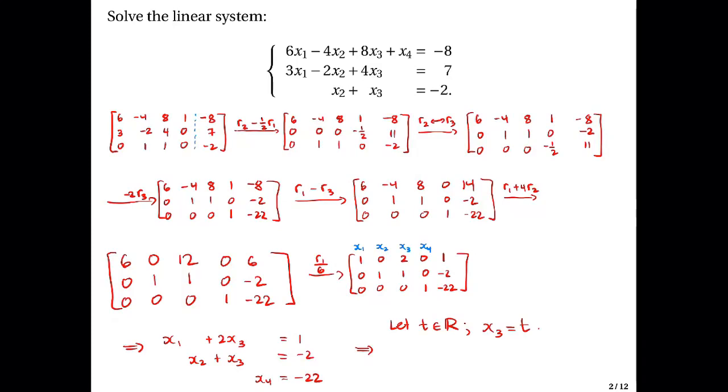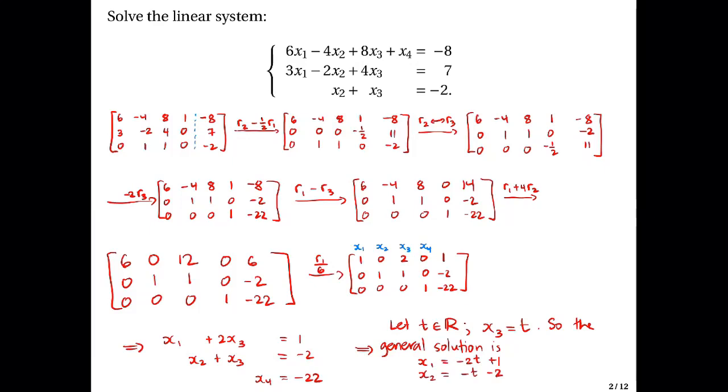So the general solution is we will have x sub 1 equal to negative 2t plus 1. So we put this on the other side. X sub 2, we will have minus t minus 2.